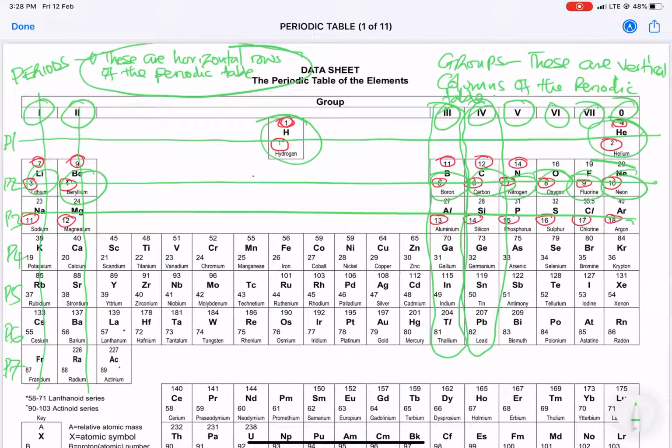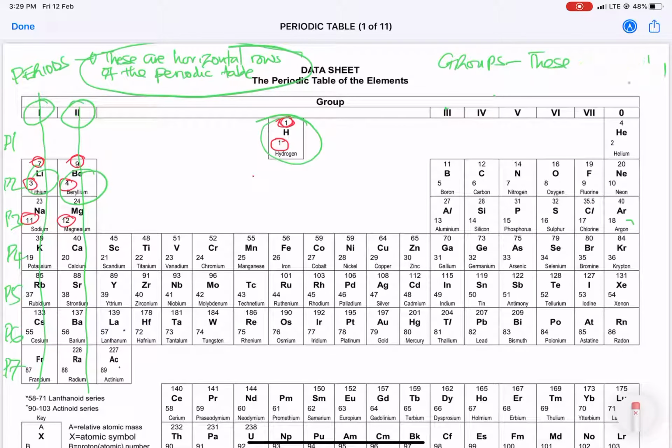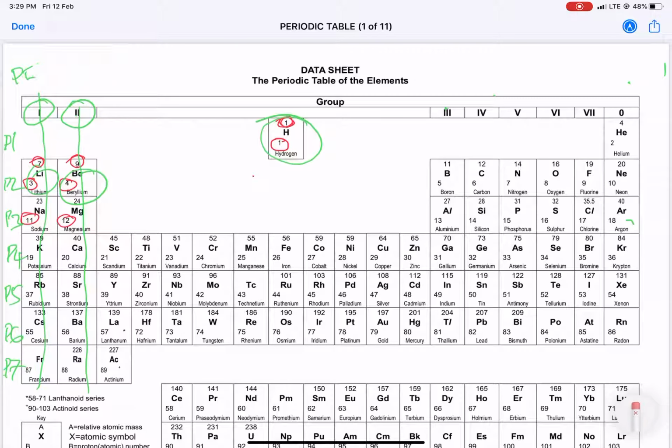Okay, so allow me to explain something with regard to what determines the group of an element on the periodic table.